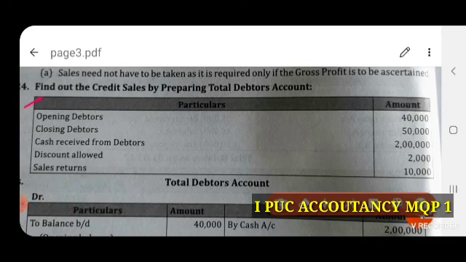Next question, find out the credit sales by preparing total debtors account. This is the information: opening debtors. Under debtors account we have to enter opening debtors on the debit side, closing debtors on the credit side, cash receipt from debtors, credit side.